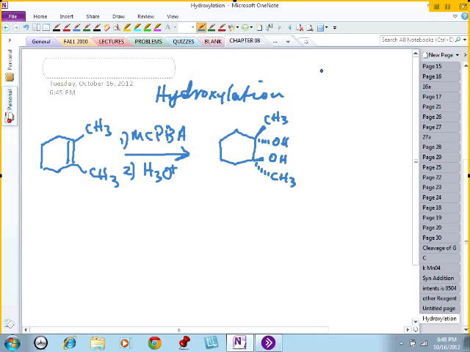There's another way in which we could also make the 1,2-diol.